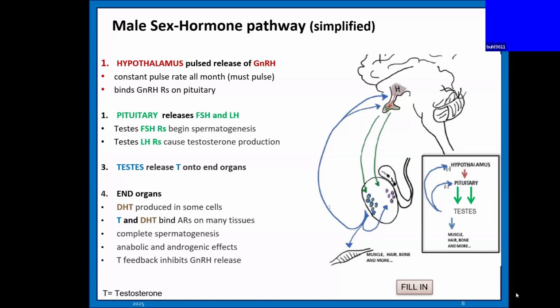FSH starts spermatogenesis. The testosterone comes back, finishes spermatogenesis, and does everything else that we're talking about, testosterone effects. So testosterone and DHT have those secondary effects, and then everything comes back up here. Testosterone is mostly testosterone that's going to have negative feedback.